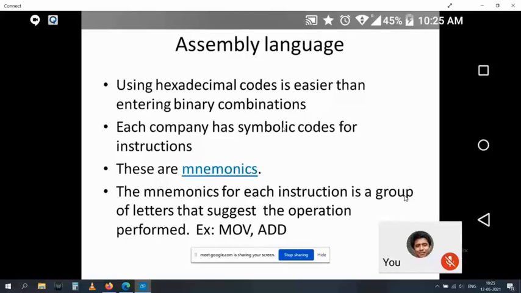If I am writing 3 in binary, I have to write 0011, and for F, we have to write 1111. So we have to write 00111111 combination. But if we are using hexadecimal, we will write 3F. So that becomes a little easier for us to write.